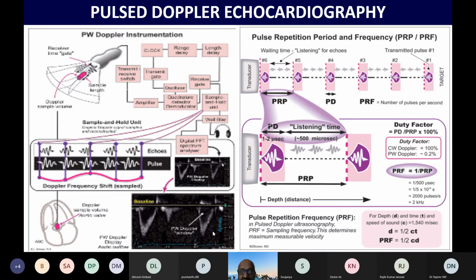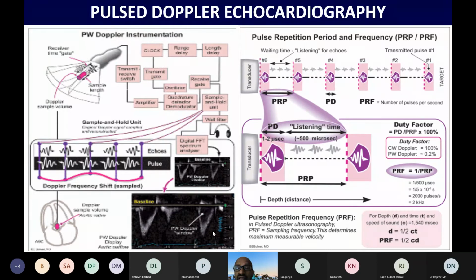Similarly, with car wheels rotating in one direction, as the speed increases, especially in old movies, you will see that the wheels appear to be moving in the opposite direction. This is called aliasing, and the same thing happens here.